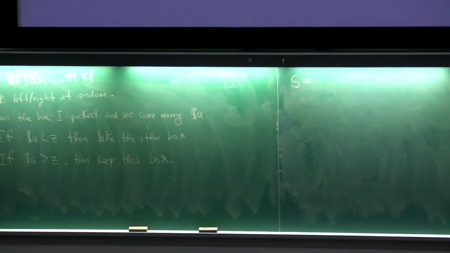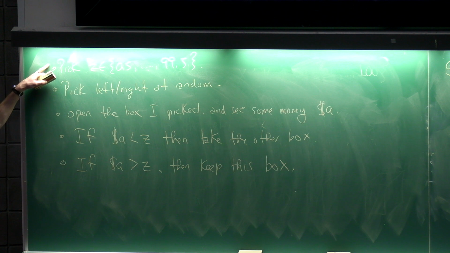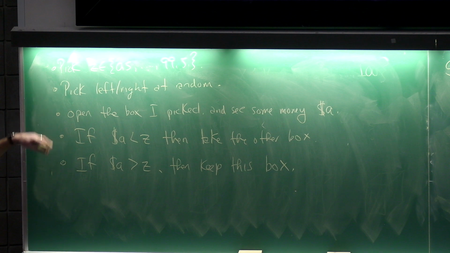I pick this thing here from a set of size 100. These are the two random things. Set of size 100. And then I pick a box left or right from a set of size 2. So that means the total number of ways that I execute this thing, or the total number of choices I have, is 200, right? 100 here times 2 here.